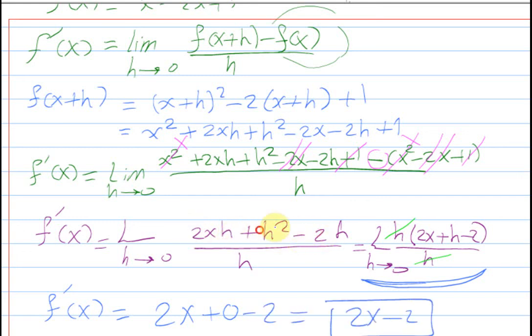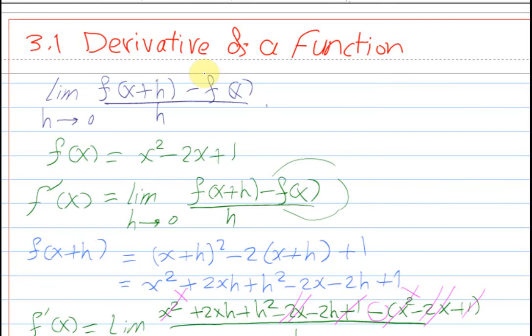Again, let's revise what we did. Limit as h approaches 0, f of x plus h minus f of x over h. We didn't use a instead of x here because we are talking about the general situation. F of x is x squared minus 2x plus 1. This is our example. How can I find the f prime? To find the f prime, I have to substitute in the formula. So before we do this, we prepare our problem.